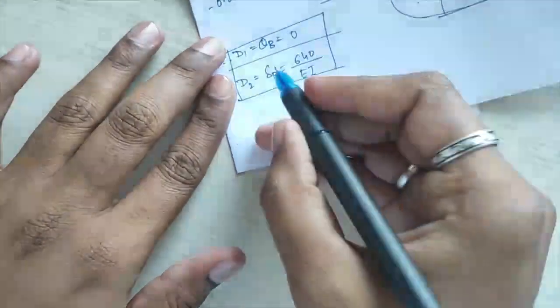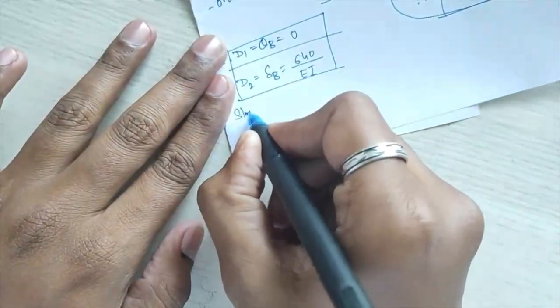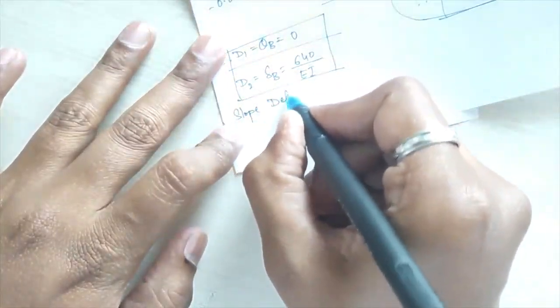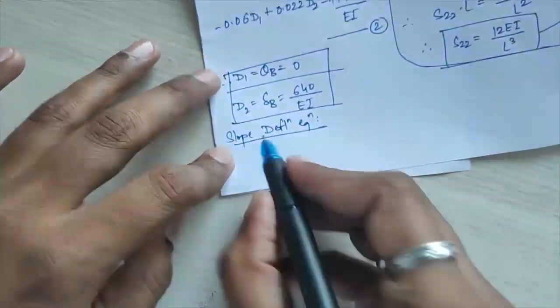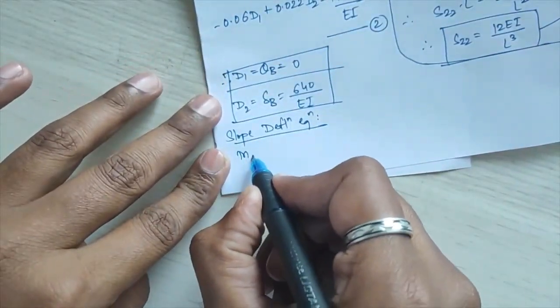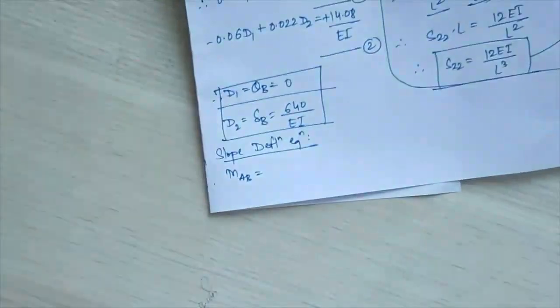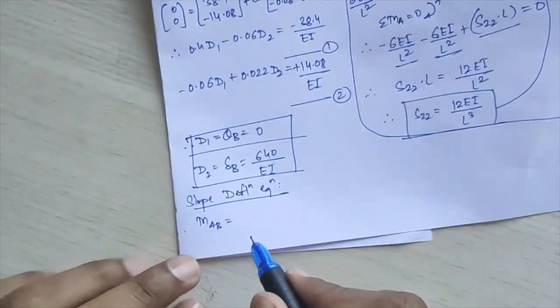Now we will calculate the final moments, using the slope deflection equations. For the slope deflection equation, the first equation is MAB equal to MFAB.